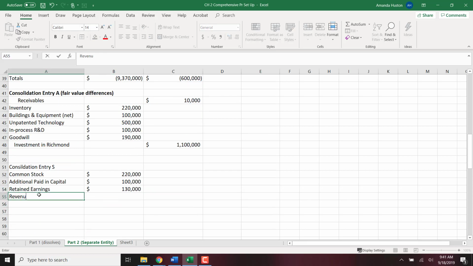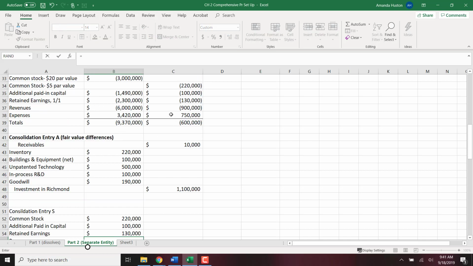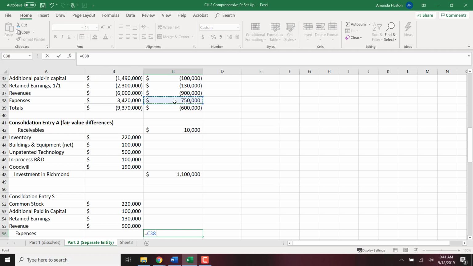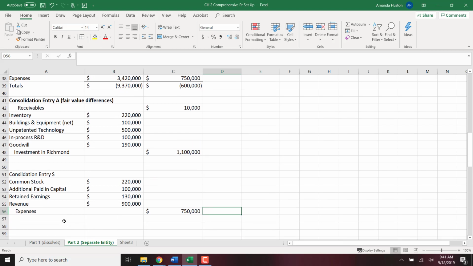You're going to debit revenue. Change the negative sign. And we're going to credit expenses. And we're going to credit investment in Richmond.